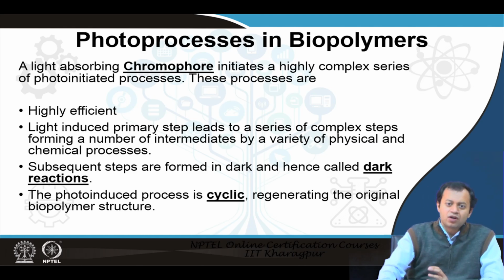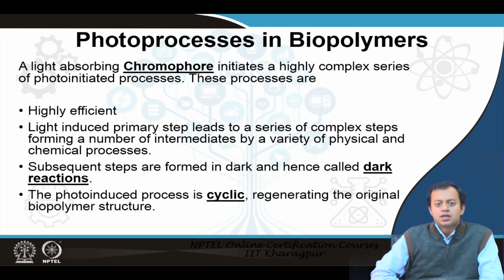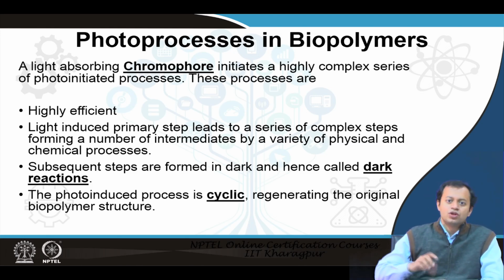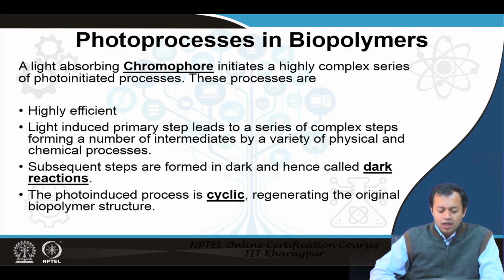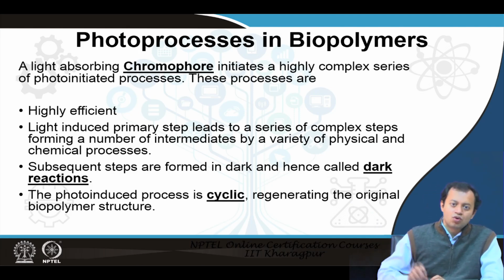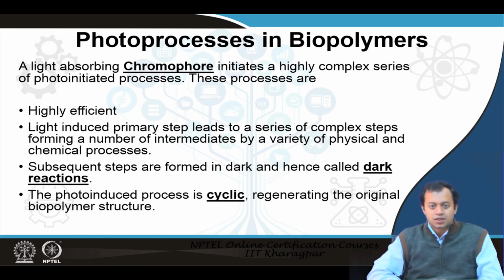Proteins have a huge number of amino acids, and not all of them will be absorbing light, but if a protein is connected with a chromophore, you will see soon that that part absorbs light and that subsequently starts a chain of events.